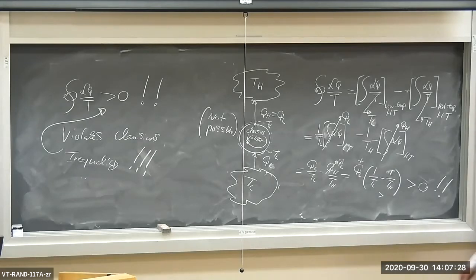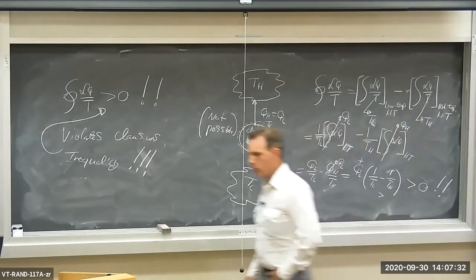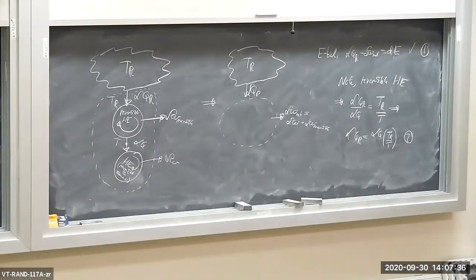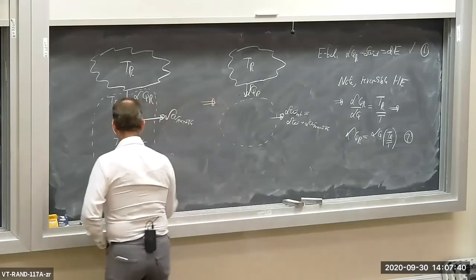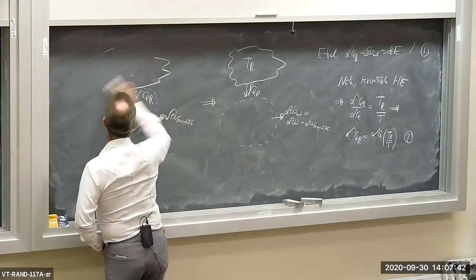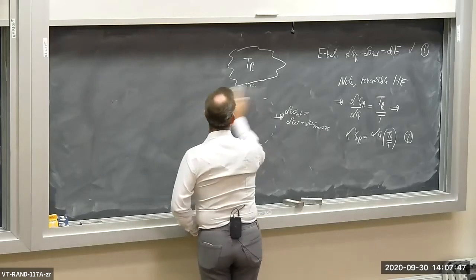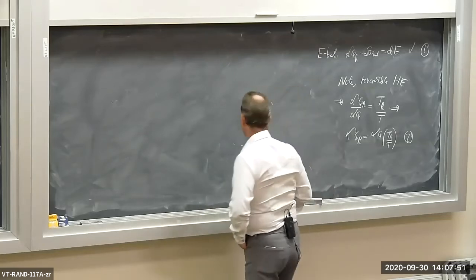Let me write the Clausius inequality one more time, just so we're on the same page. It is equivalent to all those pictures that we saw, the Clausius and Kelvin-Planck statements of the second law of thermodynamics.